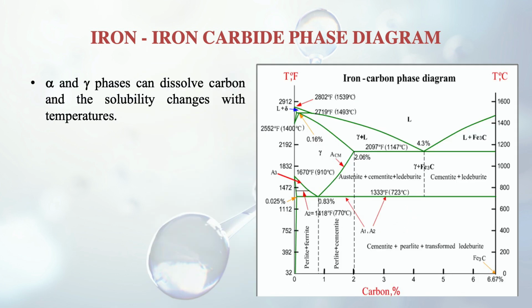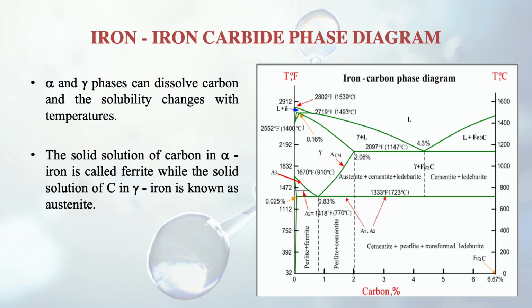Alpha and gamma phases can dissolve carbon and the solubility changes with temperature. You can see from the diagram that alpha is also known as ferrite and gamma is austenite. These can dissolve carbon, but to different ranges, and the solubility changes with temperature.